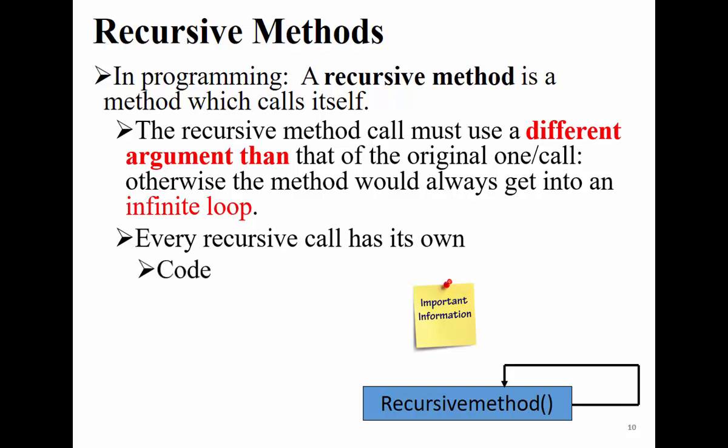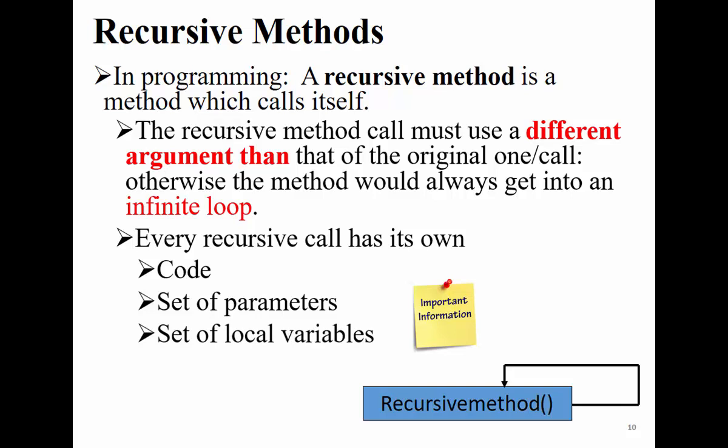For every recursive call, you can think that you have a new code, a new set of parameters. Yes, the method is calling itself, but for each recursive call, you can think I have a new code, I have a new set of parameters, and I have a new set of local variables that I need to initialize.